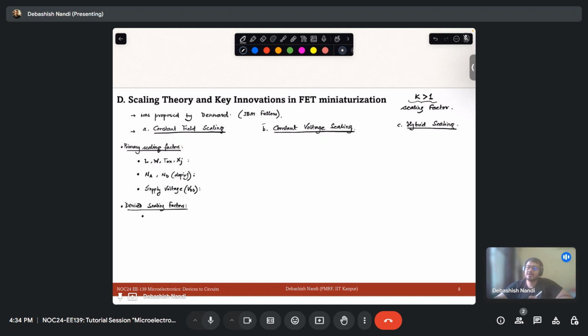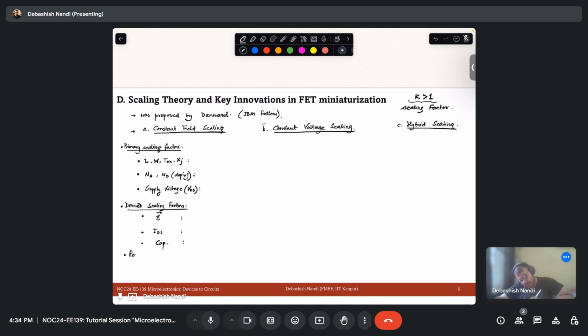Derived scaling factors: you will have your electric field, then you will have your IDS, then your capacitance.